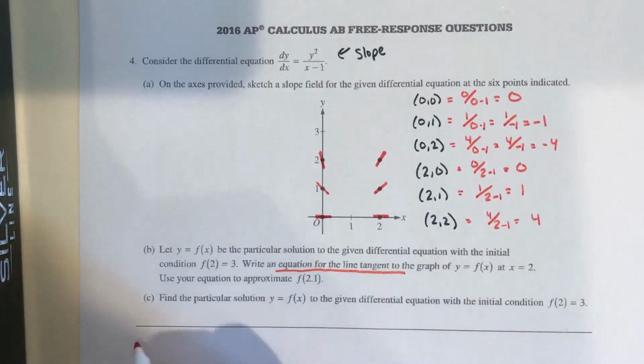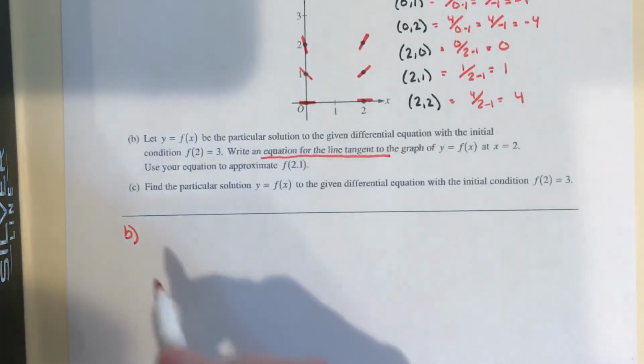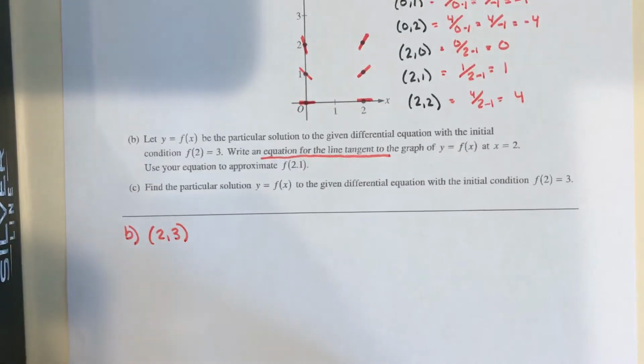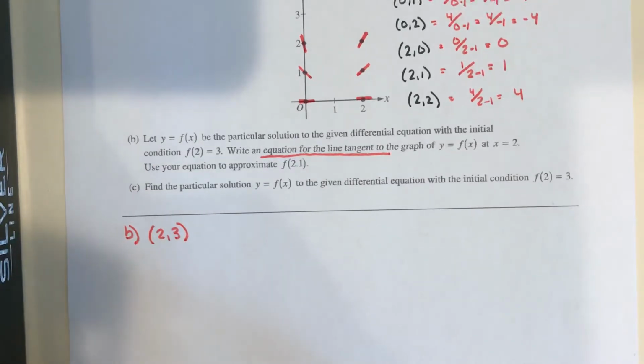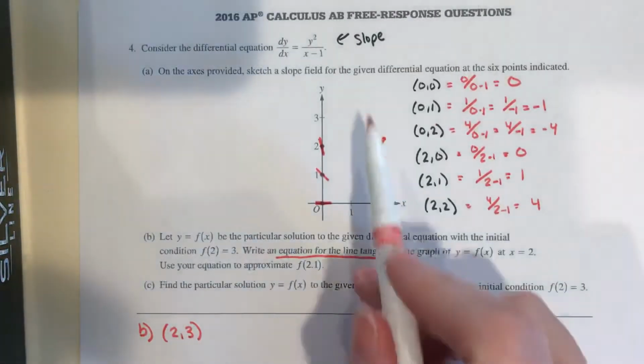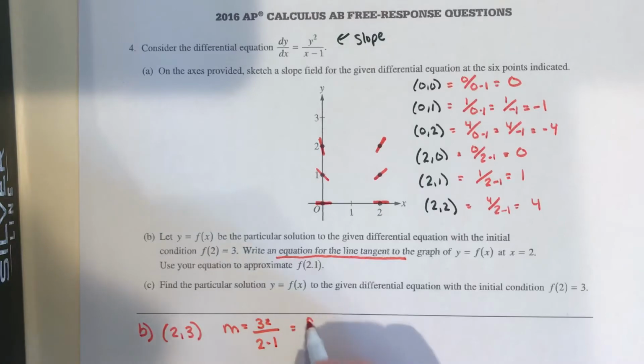So the point that we're given is (2, 3). Now to write an equation of a tangent line, I need the slope. So I'm going to use my slope formula from up above, my derivative up here, to find my slope at that point. So slope would be 3 squared over 2 minus 1, 9 over 1.